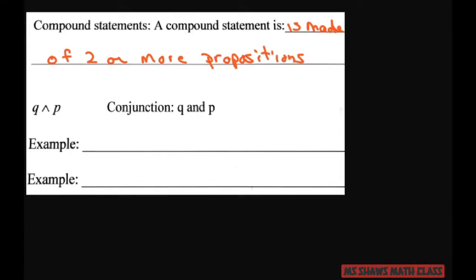And now we're going to get into some properties of conjunctions. So basically, if we have a conjunction of Q and P, let P be, today it will rain.